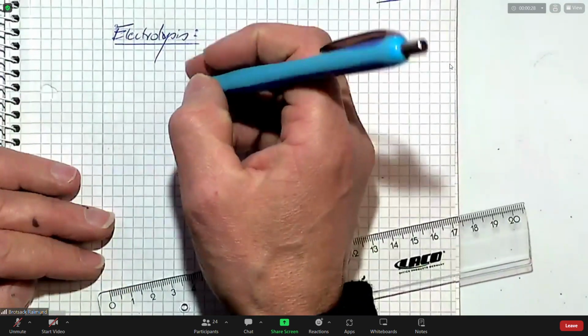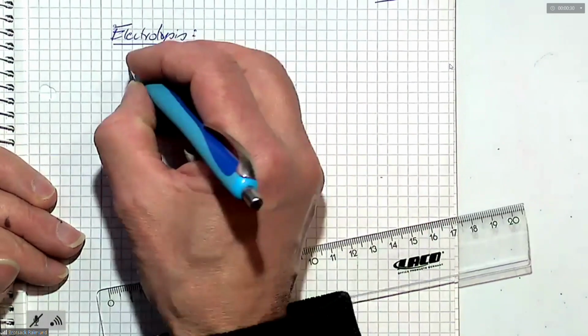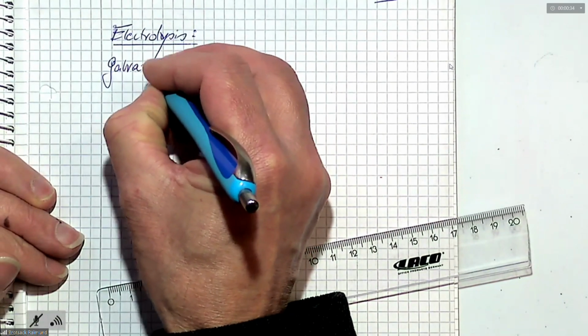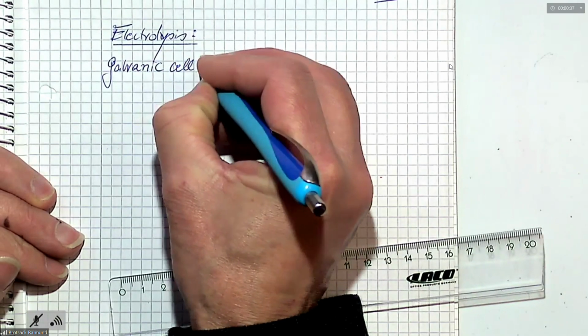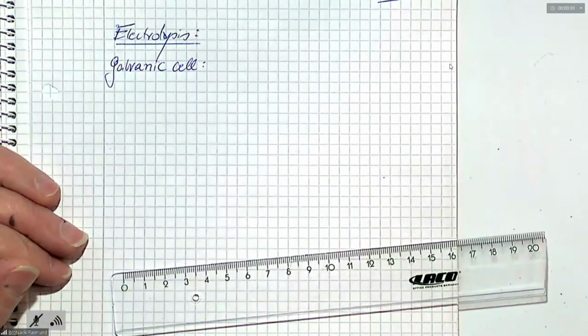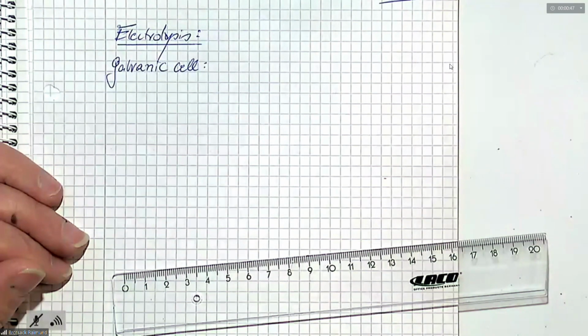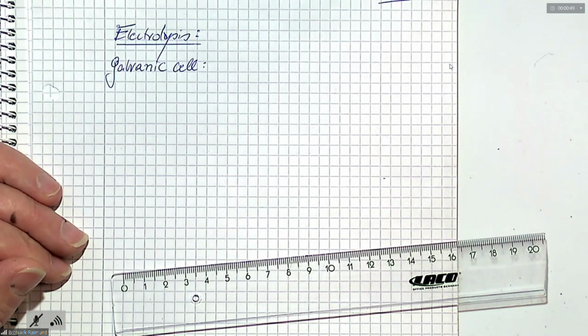First of all, in a galvanic cell, all the processes there, the redox processes, happen spontaneously. So by nature, from the redox potential point of view, they work by themselves.